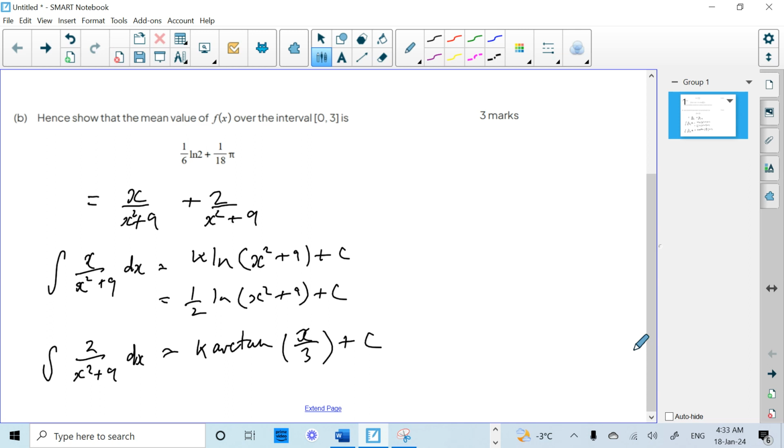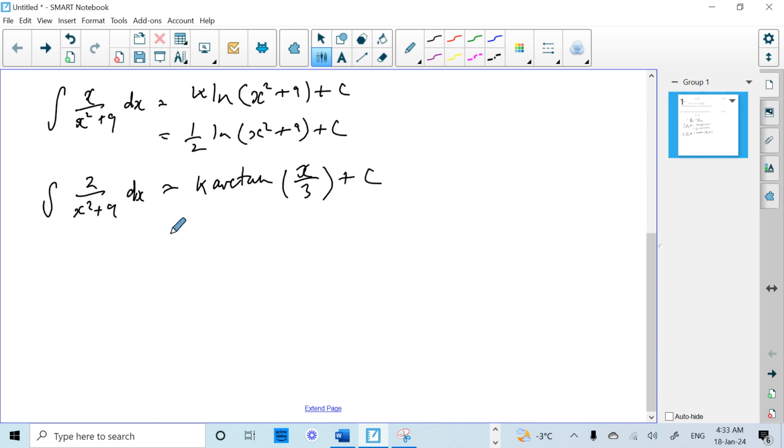And that will give us 2/3, because of course there's a 2 and a 3 there, so 2/3 arctan of x over 3, plus c.